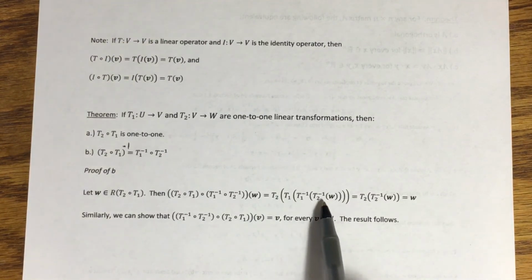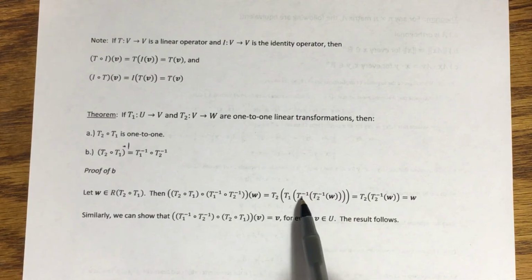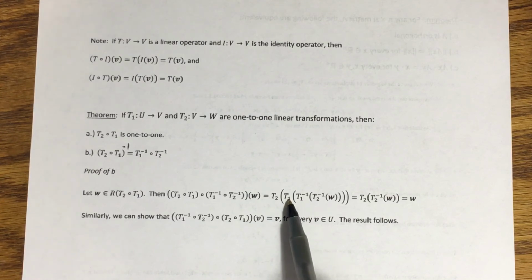Now, T2 inverse of W, remember, that's going to give us something that's going to be used as an input for T1 inverse. But right after plugging it into T1 inverse, I do T1. These two things, by definition, are supposed to cancel themselves out.